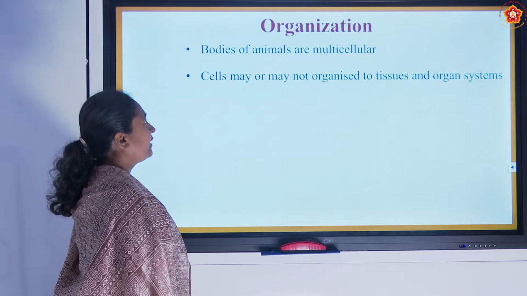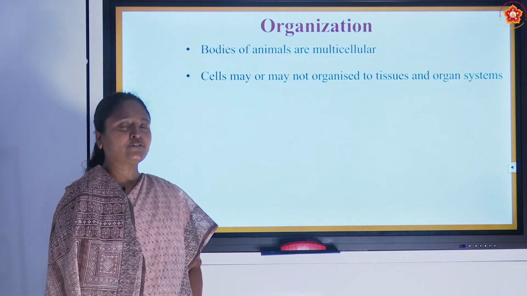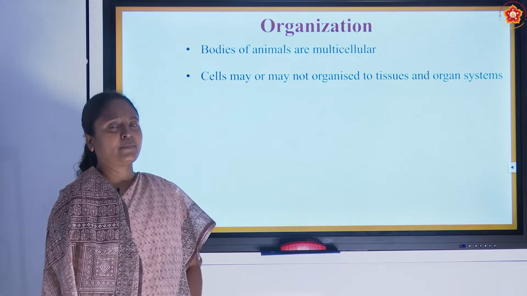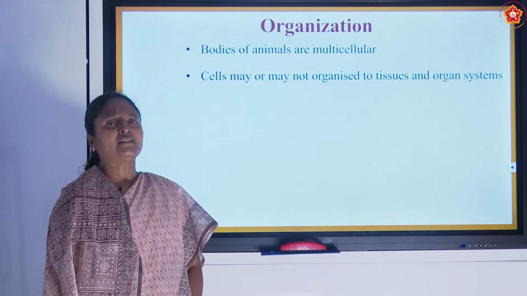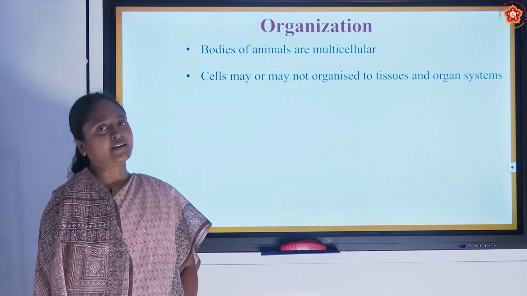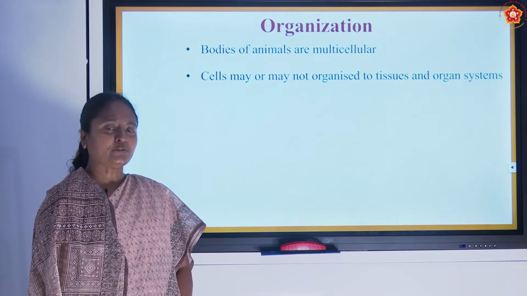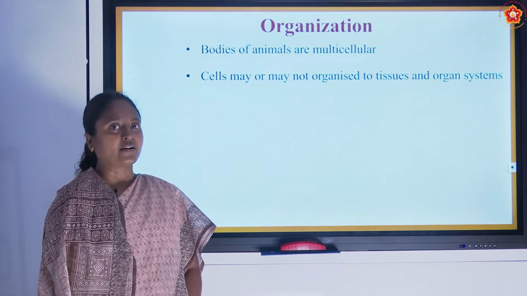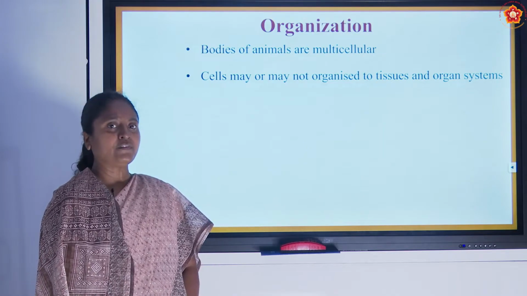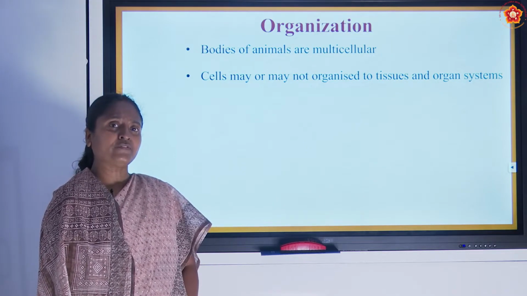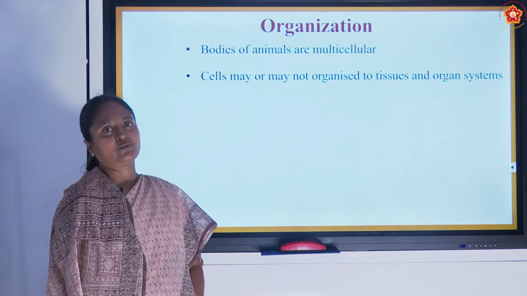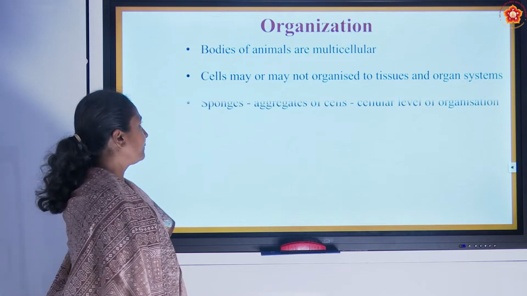The cells sometimes organize to form a tissue, and the tissues organize to form an organ, or sometimes the cell itself will do a certain function. So we can see all the different categories of how the cells are organized. The cell itself will do a function, or a group of cells combined together forms a tissue, and the tissues combined together may form an organ.